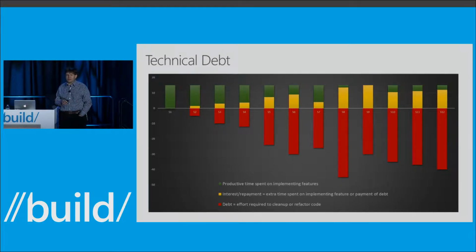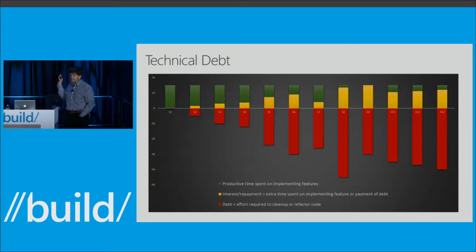Poor design, bad coding practices, that kind of stuff. And so they start to accrue debt, which is the red bar at the bottom. And debt makes them go slower, which means instead of spending all their time productively writing features, increasingly they spend time getting around the debt that's in their code, or paying back the debt. And that's the stuff in yellow.